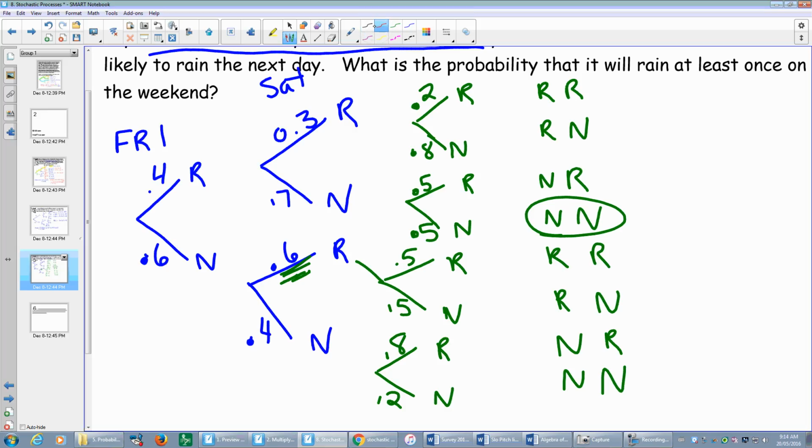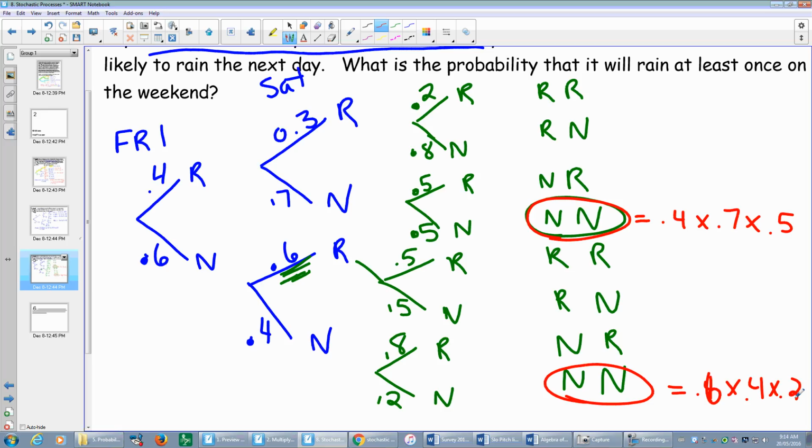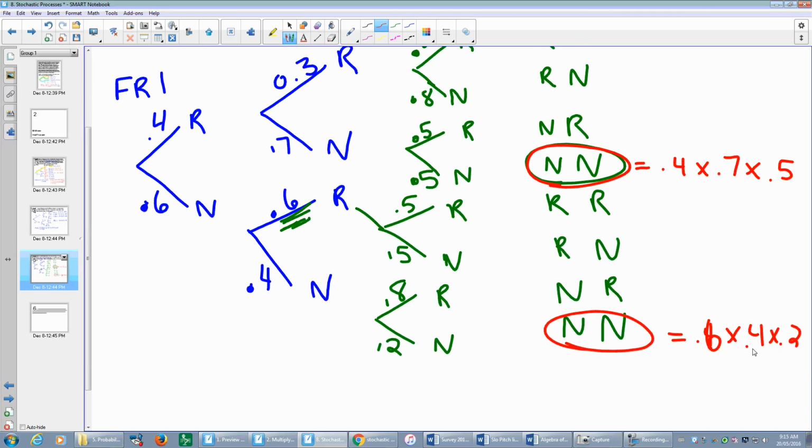So here's the no rain. Here's the no rain. I have those two chances there. For me to get no rain, that's 0.4 times 0.7 times 0.5. No rain here is 0.6 times 0.4 times 0.2. I'm doing the indirect method.